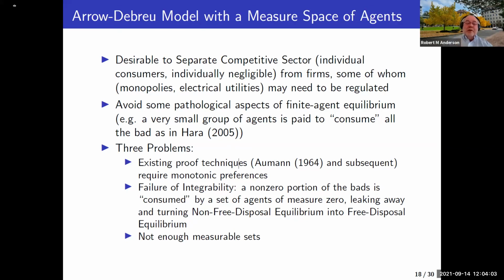And the third is a technical problem, which is not enough measurable sets. Typically in a measure theory model, you can describe the fundamentals of the model with respect to one measure theory, but the equilibrium then requires that you go to a measure space that has more measurable sets, that's richer.